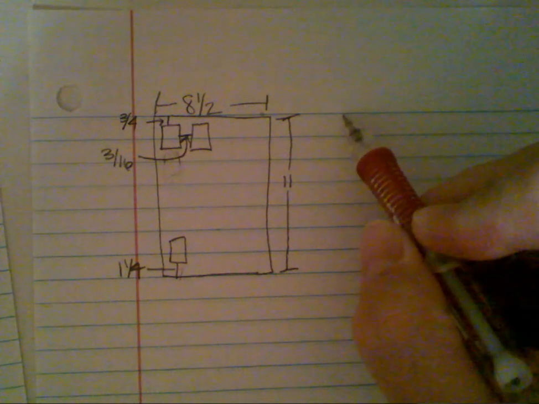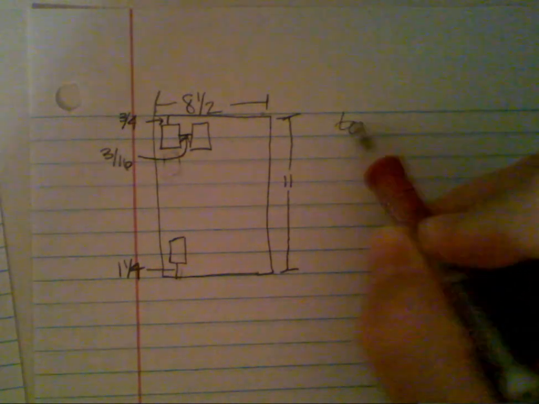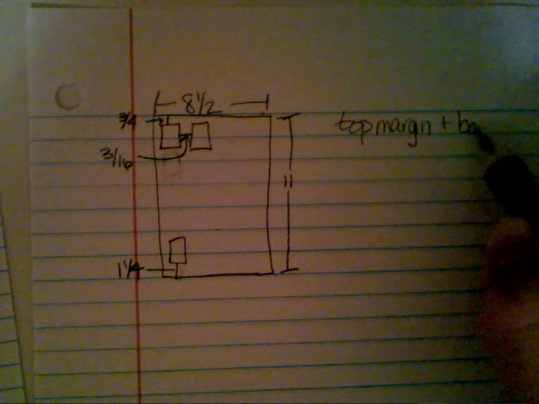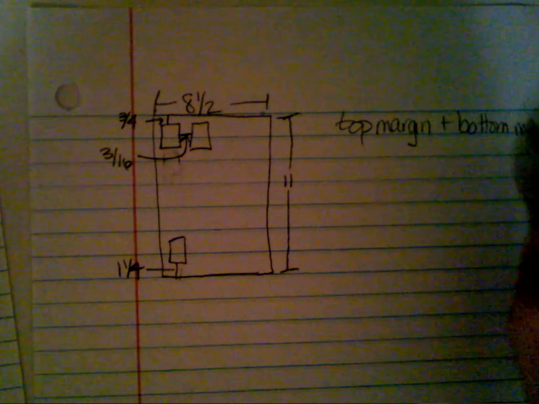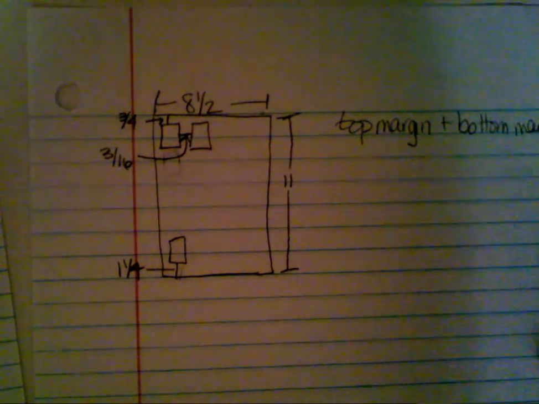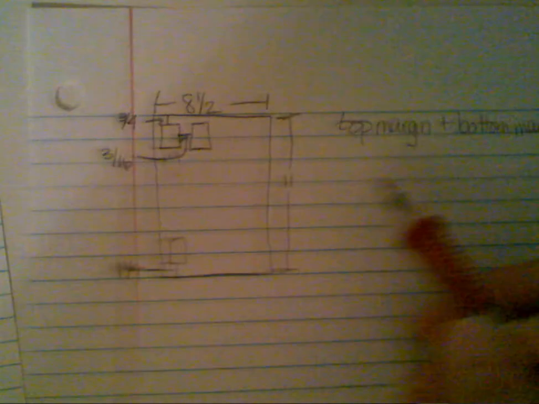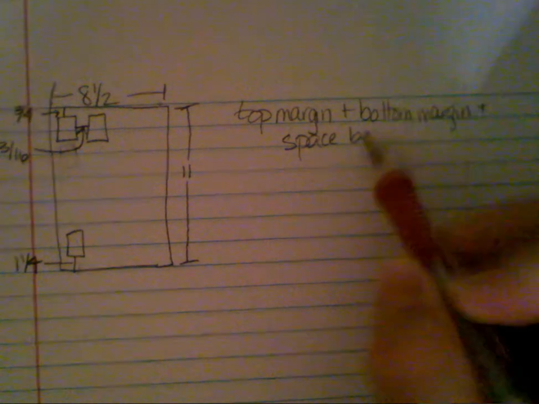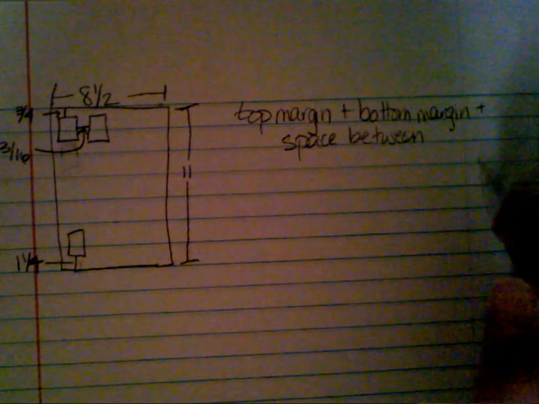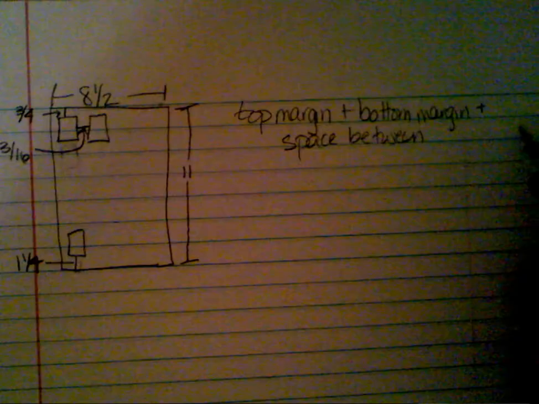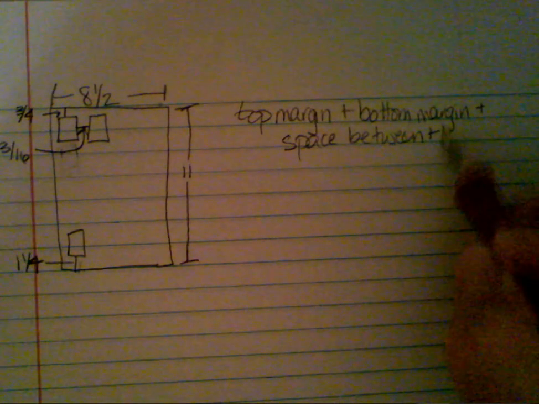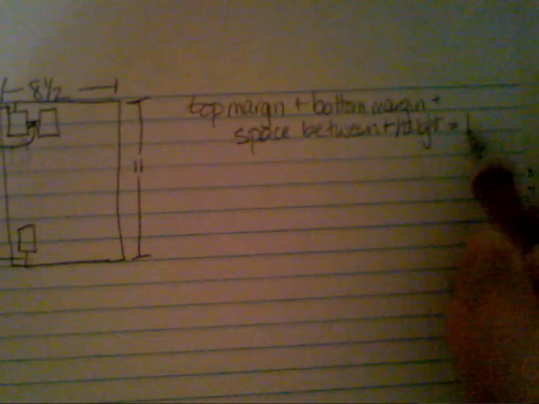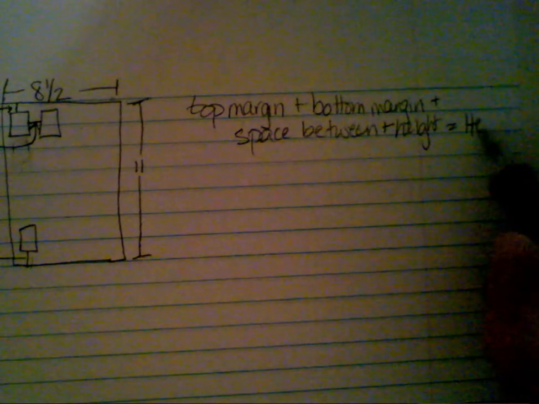So if we add, and this would be our verbal model, the top margin plus the bottom margin plus the space in between, and we need to make sure that all of that plus the height of the picture is going to equal 11 inches, or the height of the page.